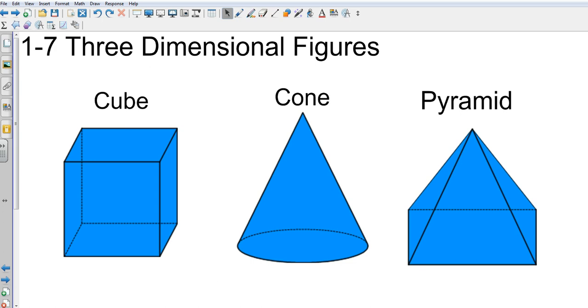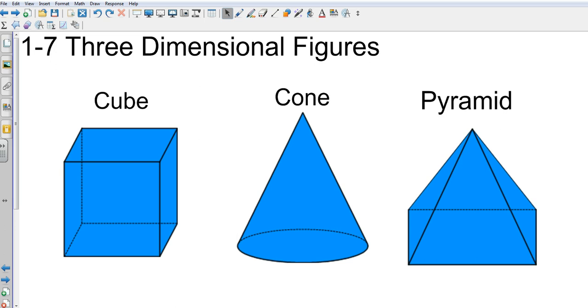Let's look at Chapter 1, Section 7, three-dimensional figures. I have put three figures up here. They are the cube, the cone, and the pyramid. The difference between a two-dimensional shape and a three-dimensional shape is another variable. Two-dimensional shapes use the x and y axes, and three-dimensional shapes use the x, y, and z axes, which, excuse the word, gives the shapes their shape.